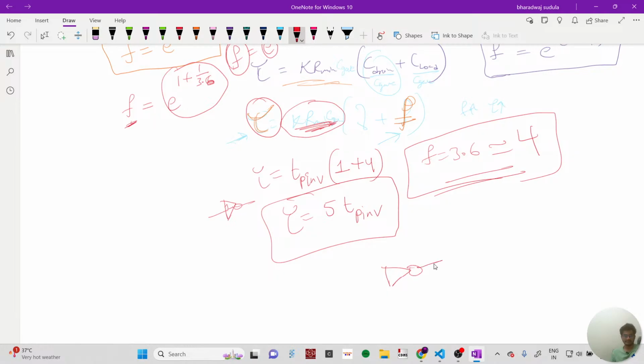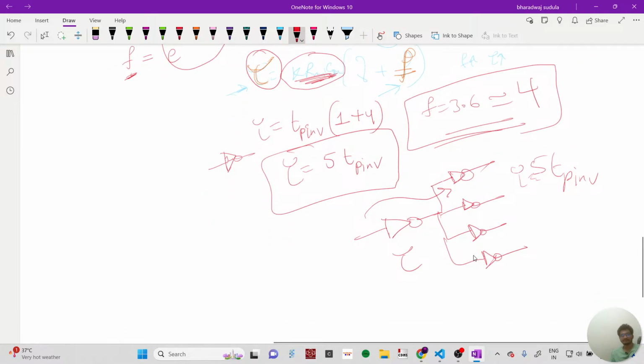So this is nothing but, if an inverter is loaded with 4 inverters, then this delay is 5 TP inverter. Why? It's clear because input cap is CG and this input cap is CG, CG, CG, CG.